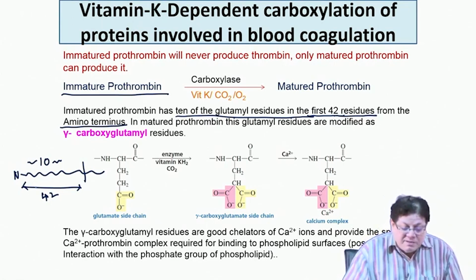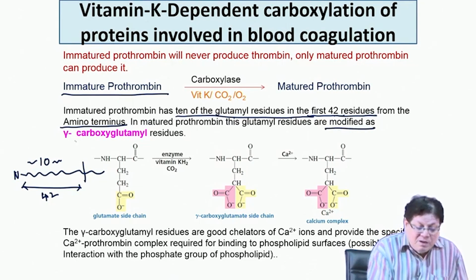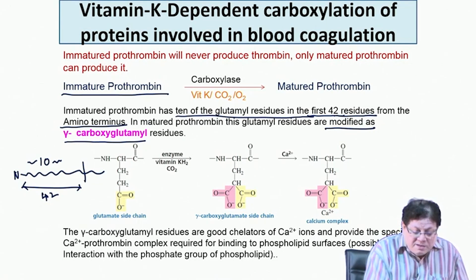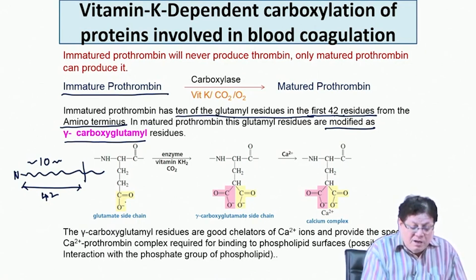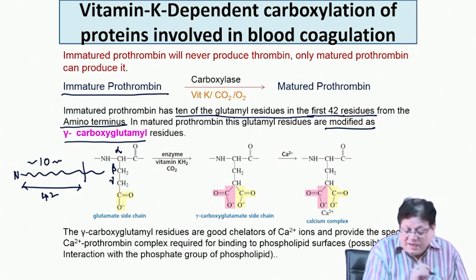and these glutamic acid residues are modified into gamma carboxyglutamyl residues. Glutamic acid already has alpha, beta, and gamma positions, and it already has a carboxylic acid as the side chain.